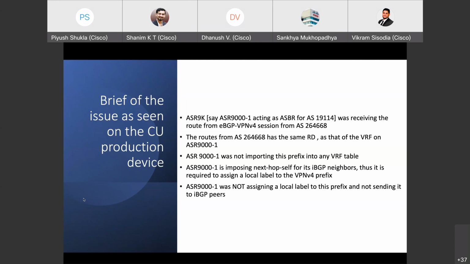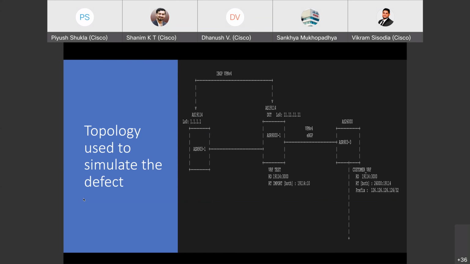But in this case, the ASR 9K was not assigning a local label. And if it is not assigning a local label, for whatever reason, it will not send out the NLRI, because it doesn't make any sense to do that when the device is acting as next-hop-self for the prefix. So that was how the customer started observing it.